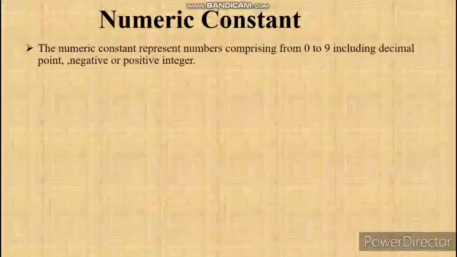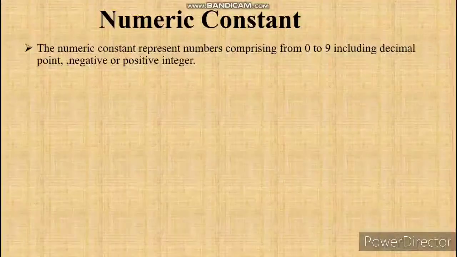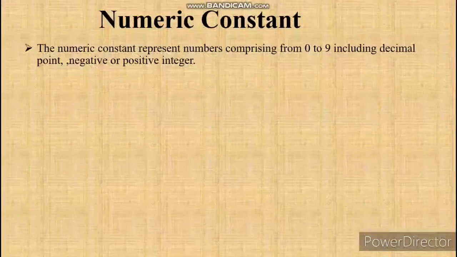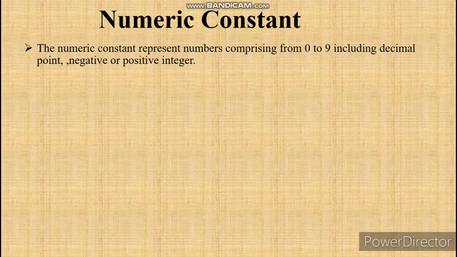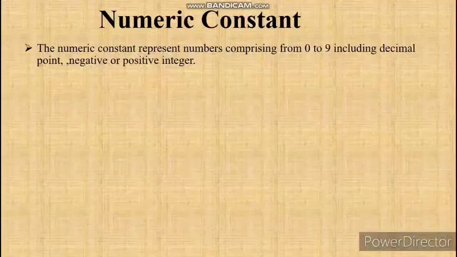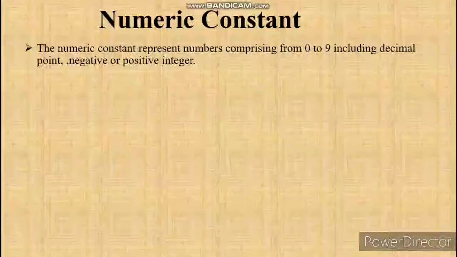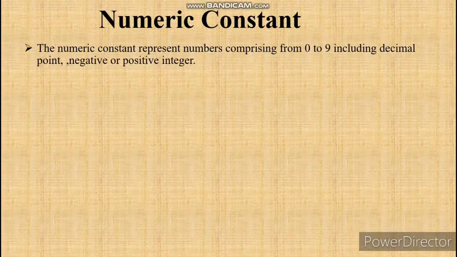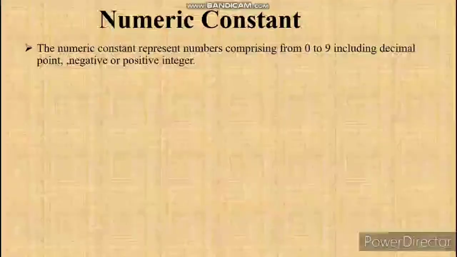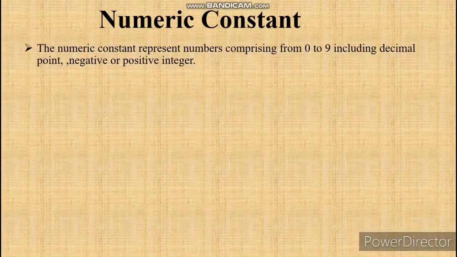Numeric constants represent numbers comprising 0 to 9, including decimal point, and negative or positive integers. Right? A numeric constant is a constant which represents numbers, and numbers include decimal numbers and negative or positive integers.